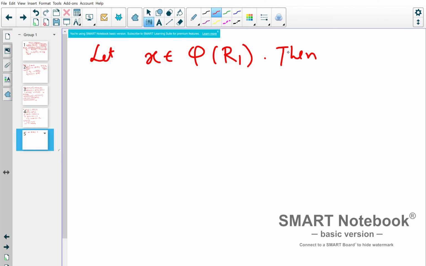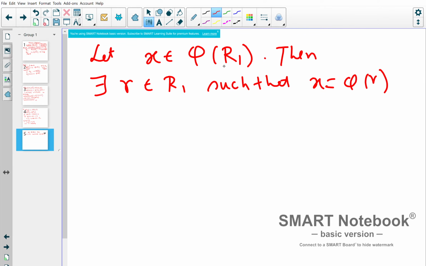Then there exists some R in R1 such that X equals phi of R, right? Because this is inside the image of this thing. So what does that mean? That means X equals phi of R, but what is phi of R? This is psi of R plus I.